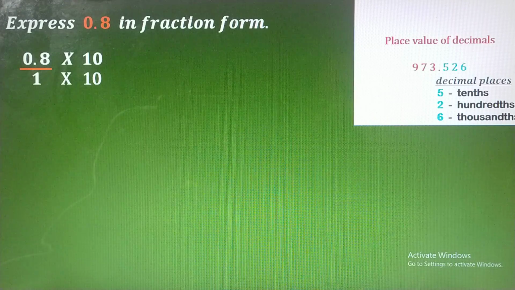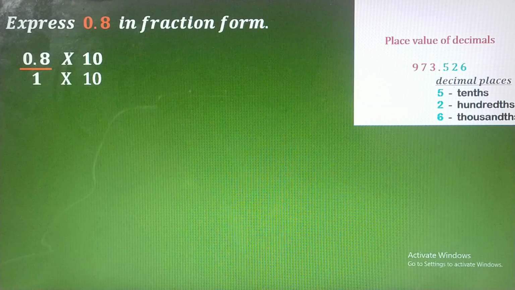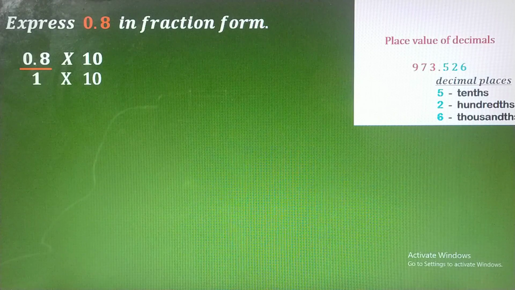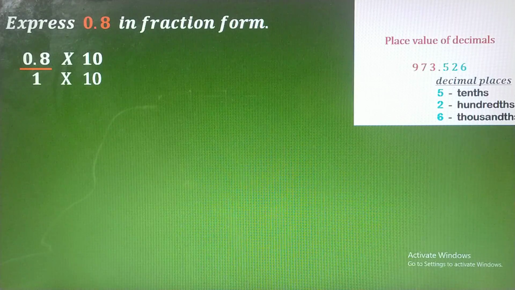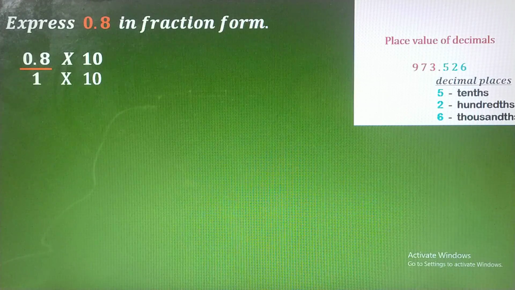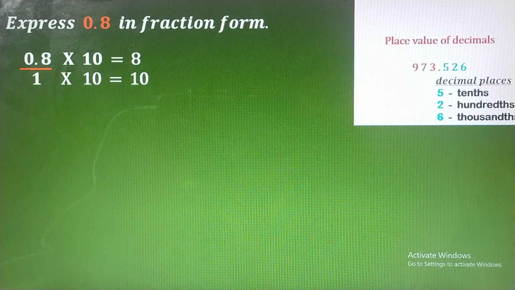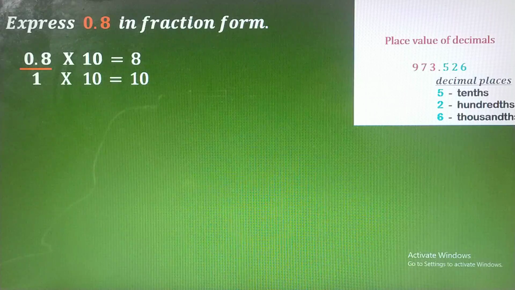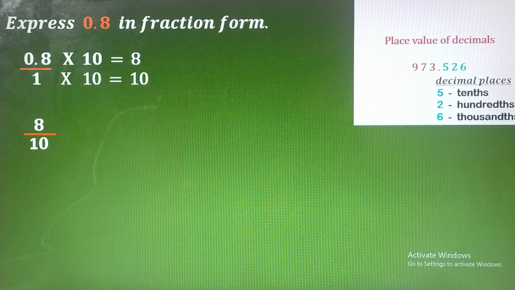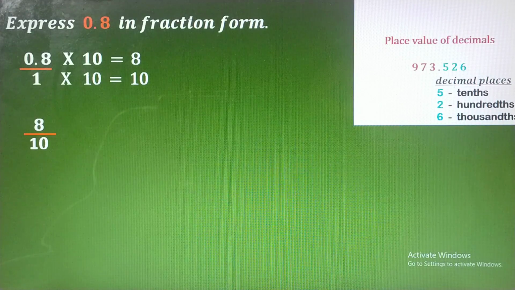Yun po yung kahalagahan kung bakit kailangan nating i-review yung place value of decimals. If we're going to multiply 0.8 times 10, that is equivalent to 8, and 1 times 10 is equivalent to 10. So, ang result niya ay 8 over 10.